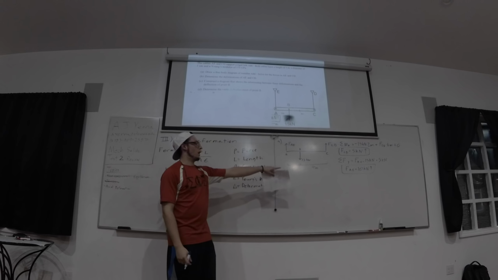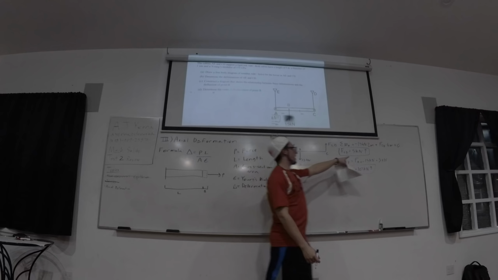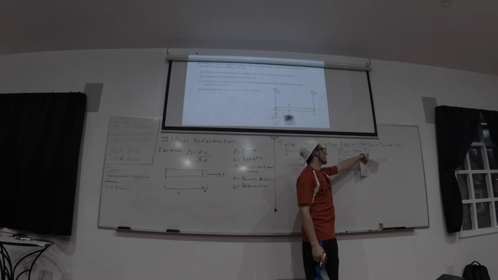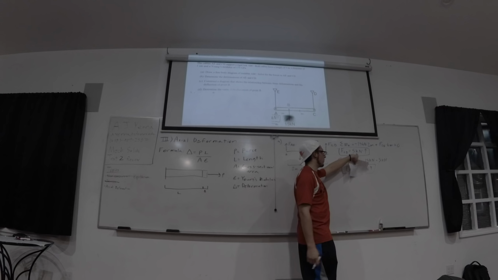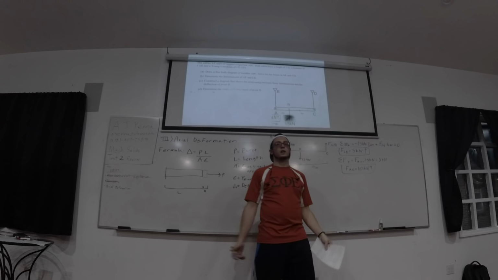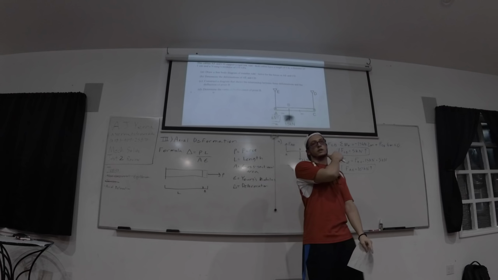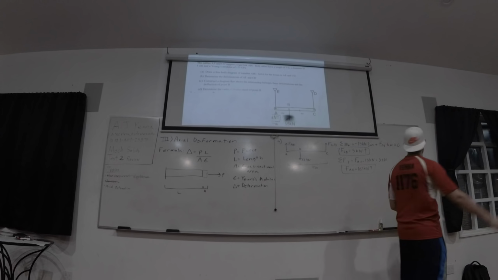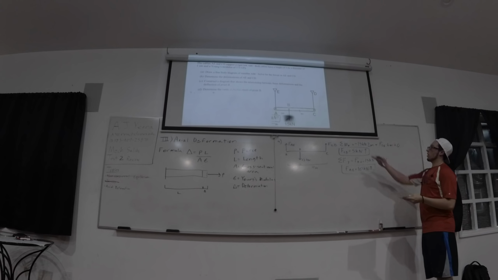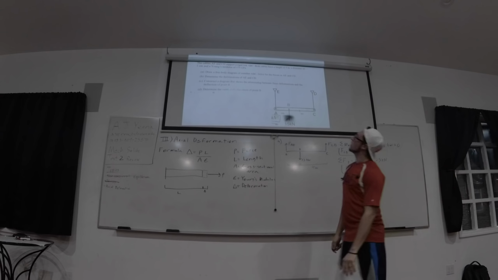Pretty good. Again, just remember to keep these arrows to notate the direction, because if they ask for the vector, they want the magnitude and the direction. They will dock a point if you don't make it very obvious what direction the vector is going in. That's it for part A, free-body diagram and force.